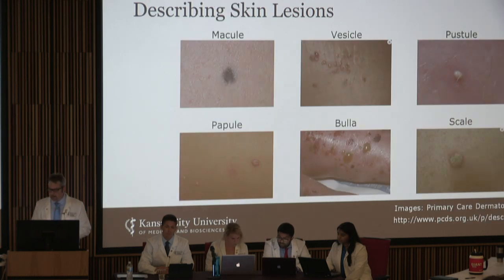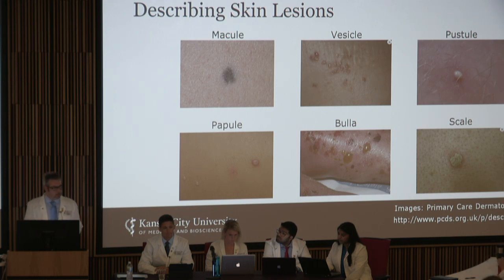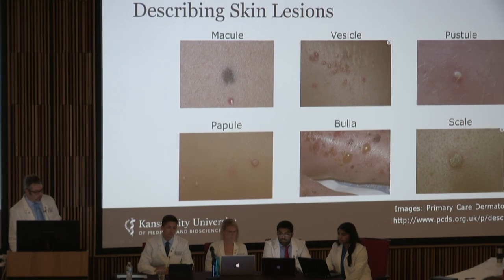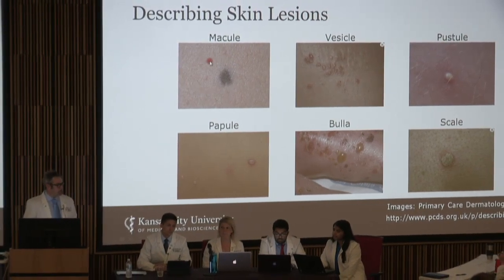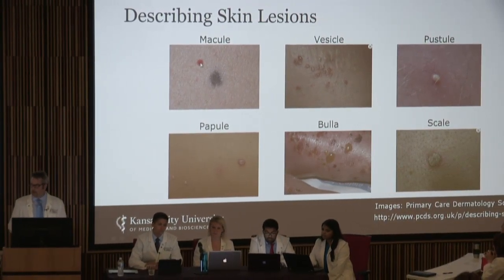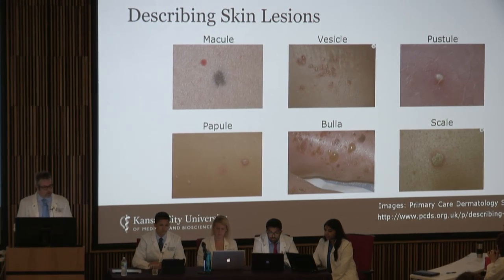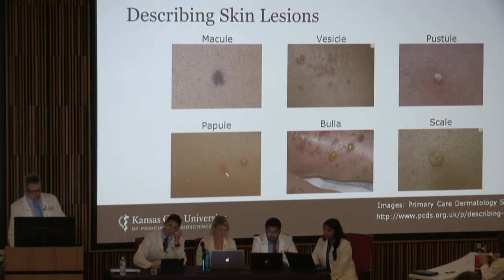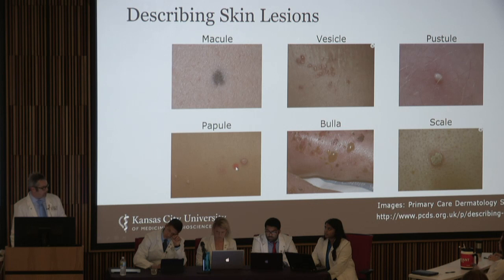Now, we're going to talk a lot about skin lesions today, so I want to take a moment to just describe a couple of them for you. In the top left corner, you would see what would be considered a macule, which is a non-raised, non-elevated skin discoloration. Below that is a papule, which is an elevated skin lesion measuring about a half a centimeter and less in diameter.